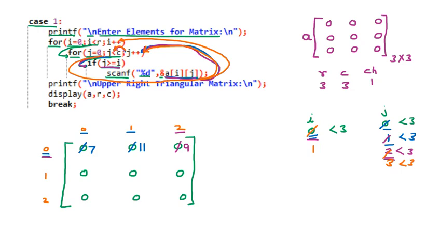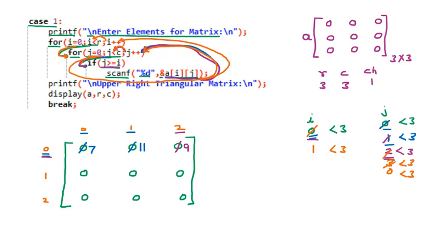Now they are checking i less than r. So is 1 less than 3? Totally true. Coming down, again it's time to work with j. So j is again started with 0. Is j less than c? Is 0 less than 3? True.